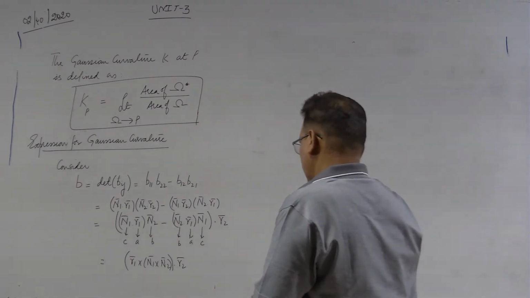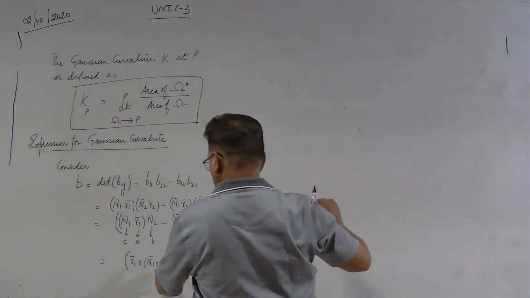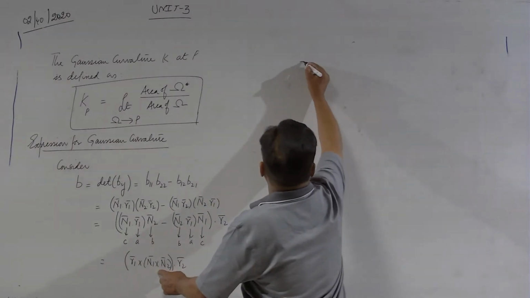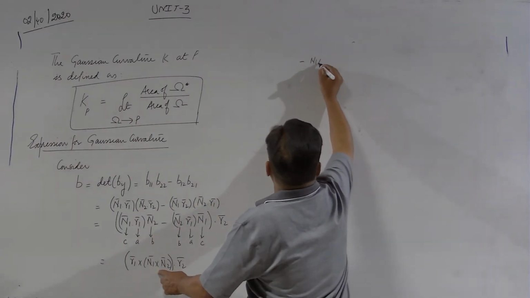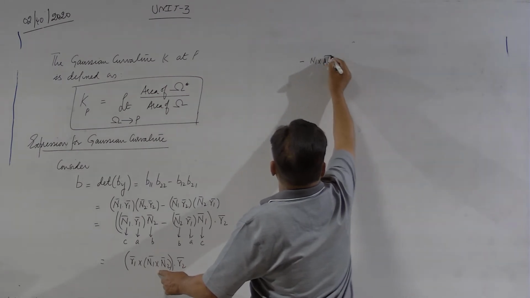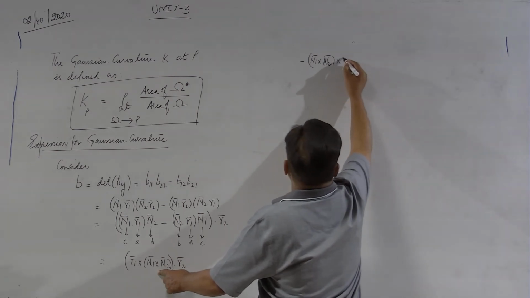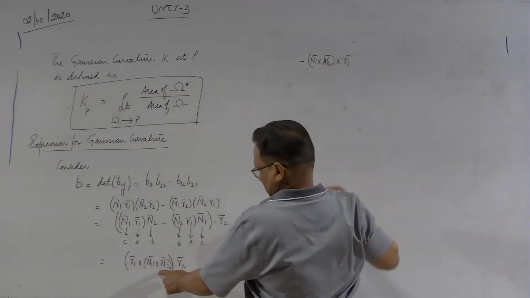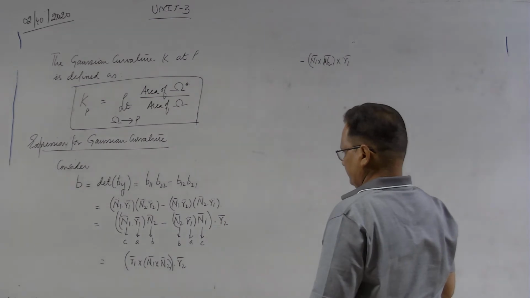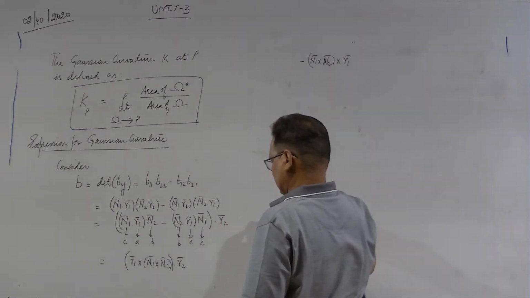Now, I can write this down as minus times n1 cross n2 dot cross r1.